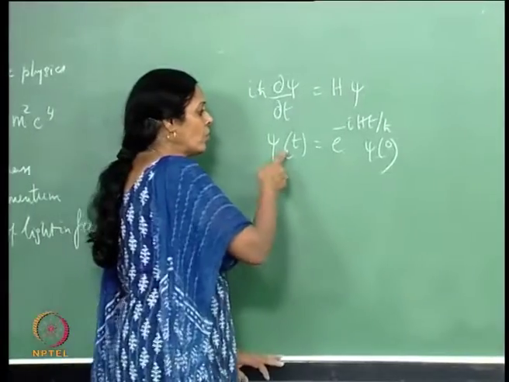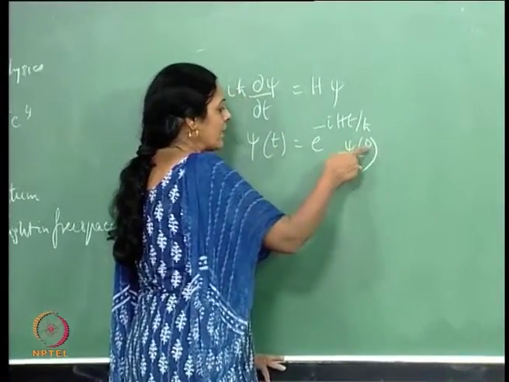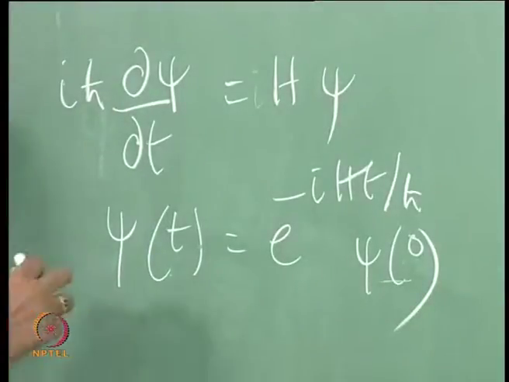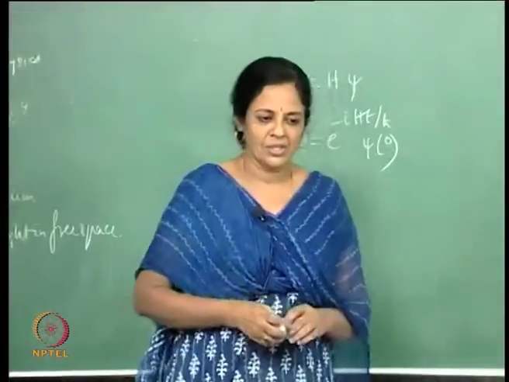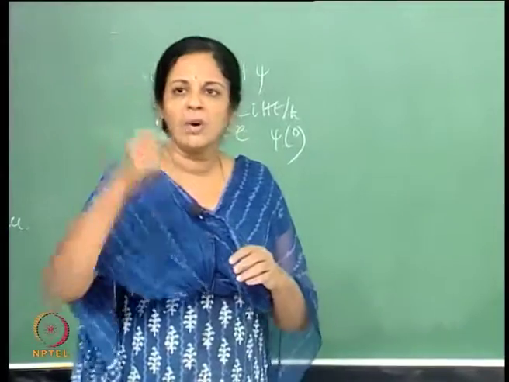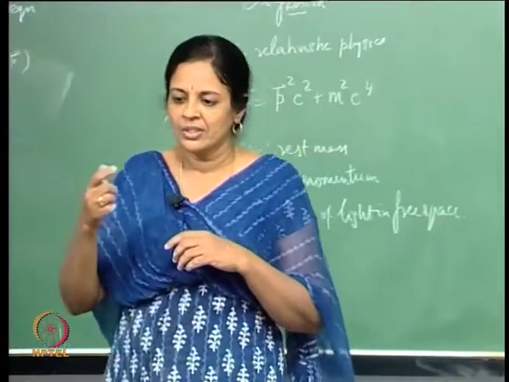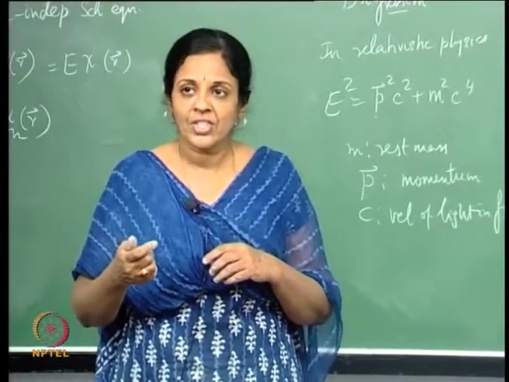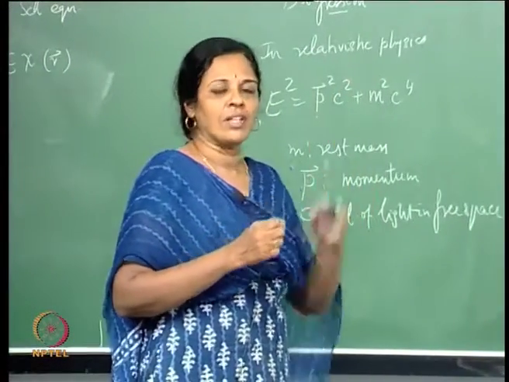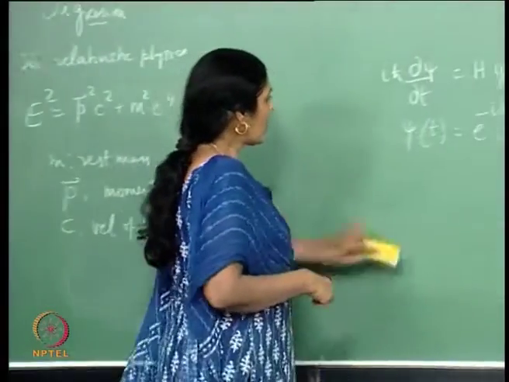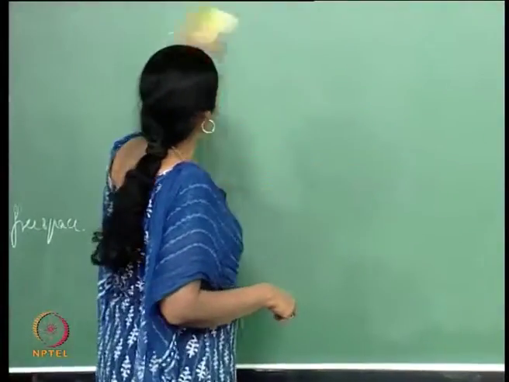I do not need to know the value of ψ at any time between 0 and the time of interest to me. So in that sense, this is a Markov process. There is no memory of the path that is taken, the manner in which ψ changed with time, but merely the initial value, the value of ψ at time t equals 0. That is a point worth bearing in mind.